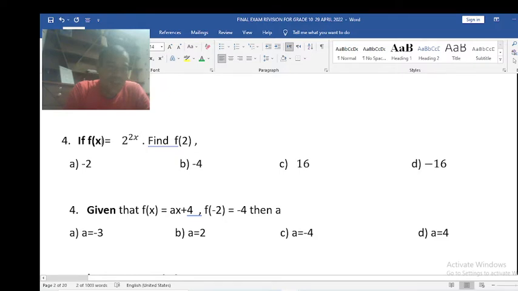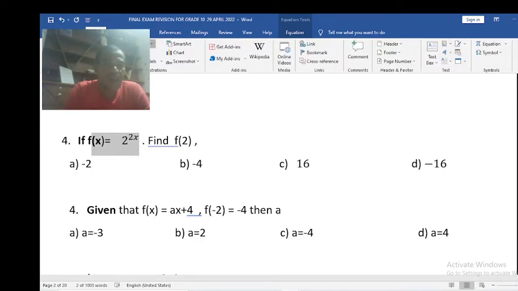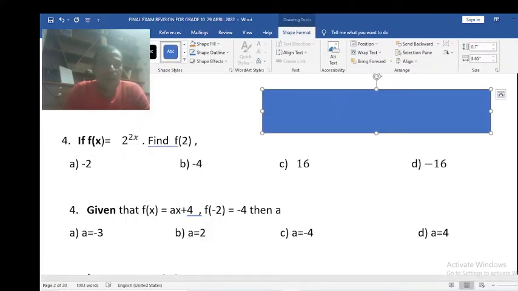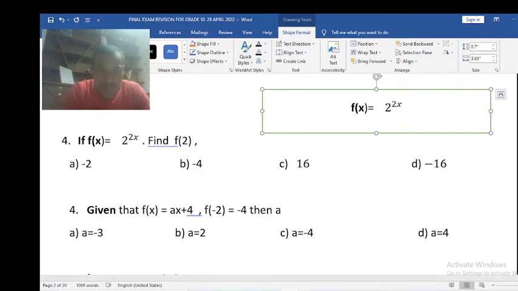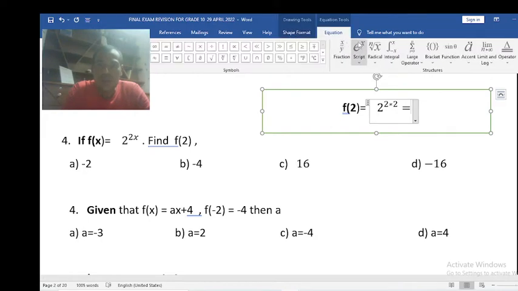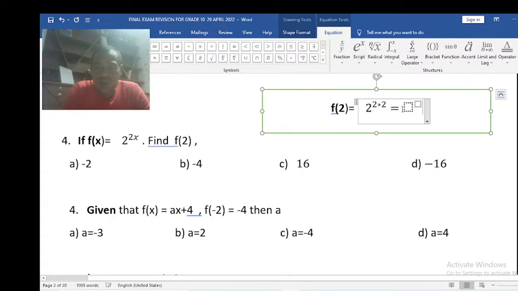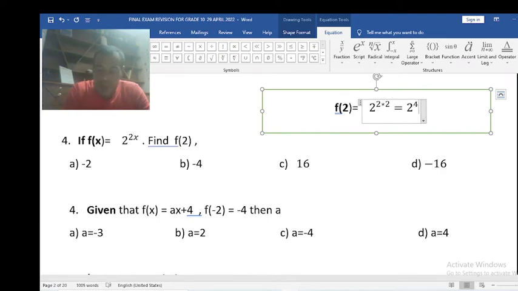So f of 2, I will just make a substitution. f of 2 is equal to 2 to the power 2 times 2, which is equal to 2 to the power 4, which is equal to 16.